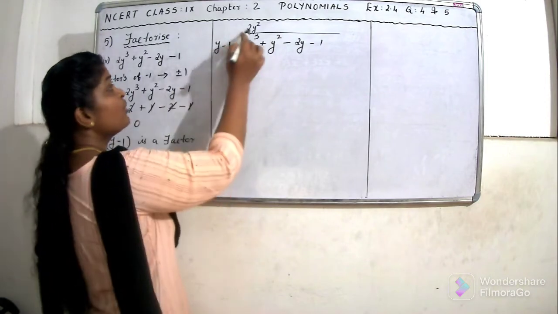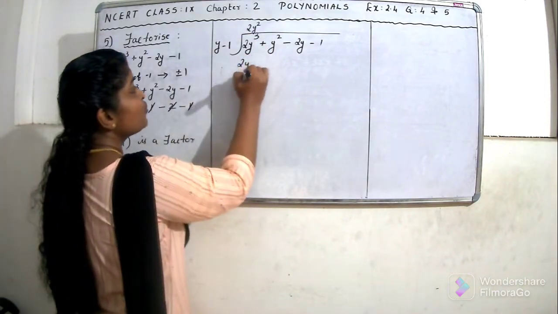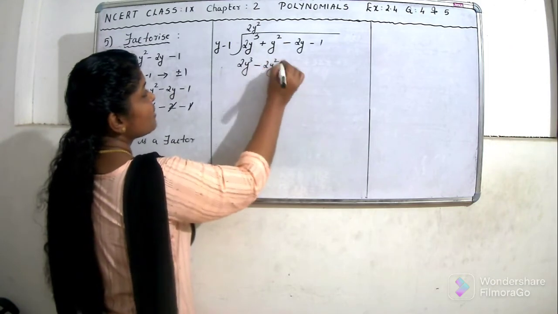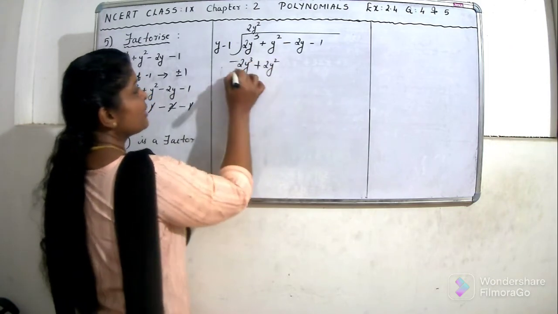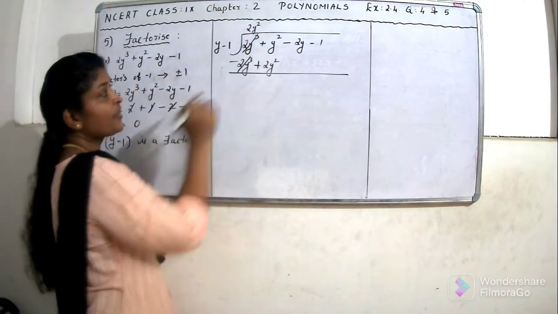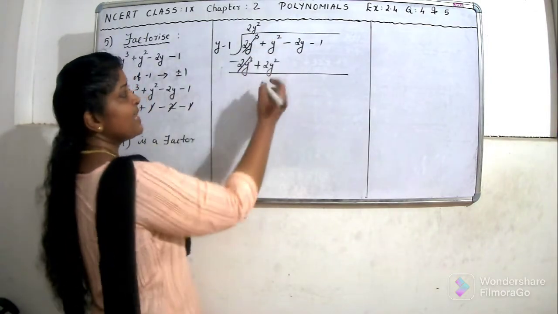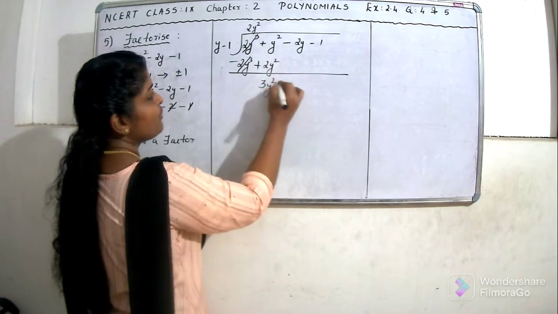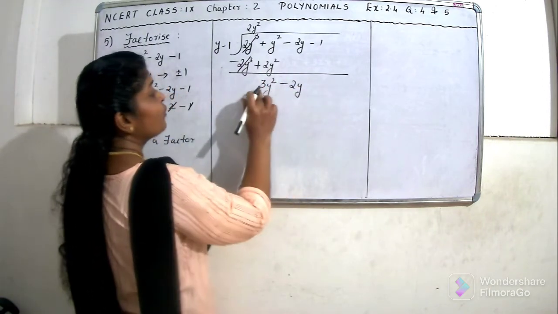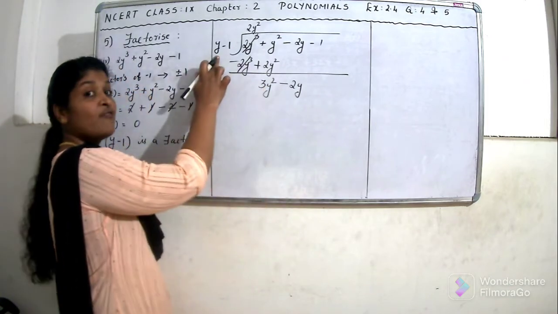Then only y into 2y square, when we are multiplying, we will get 2y cube, and negative 2y square. Subtraction, signs are changing. These two eliminated. Now here both the signs are same. So positive 3y square, giving the chance to the next number 2y. Now 3y square we have to get. Only one y is here.